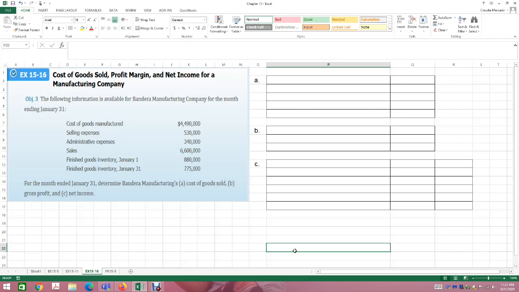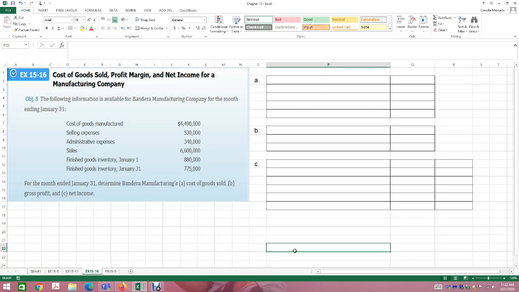We have cost of goods manufactured of $4,490,000, selling expenses of $530,000, administrative expenses of $340,000, sales of $6,600,000, finished goods inventory at the beginning of the month of January of $880,000, finished goods inventory January the 31st of $775,000.